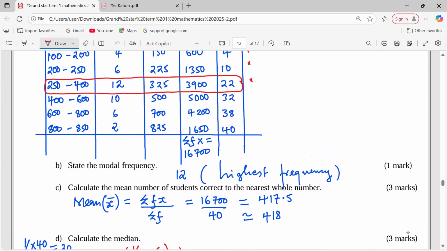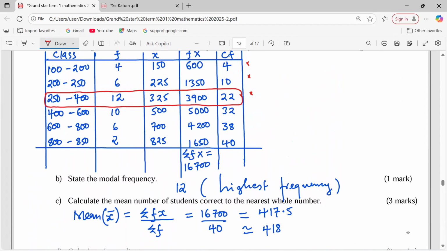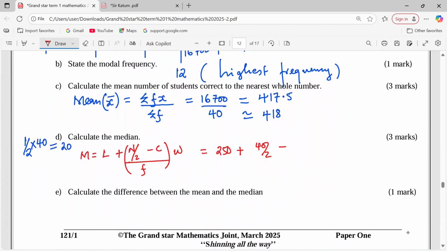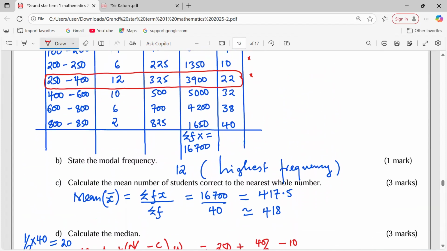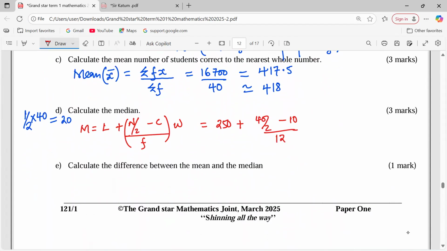The lower boundary is 250. Then we add 40 over 2 minus the cumulative frequency before the median class, which is 10, out of the frequency of this median class, which is 12. Then times the class width.